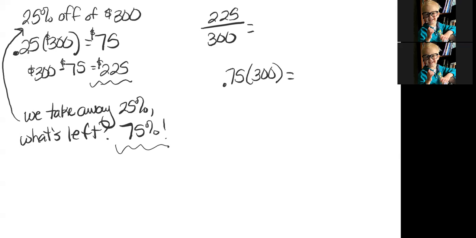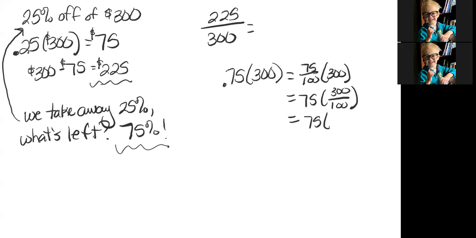You can use that same reasoning, 75 hundredths of 300, which would be 75 times 300 over 100. So 75 times 3, right? 300 divided by 100.